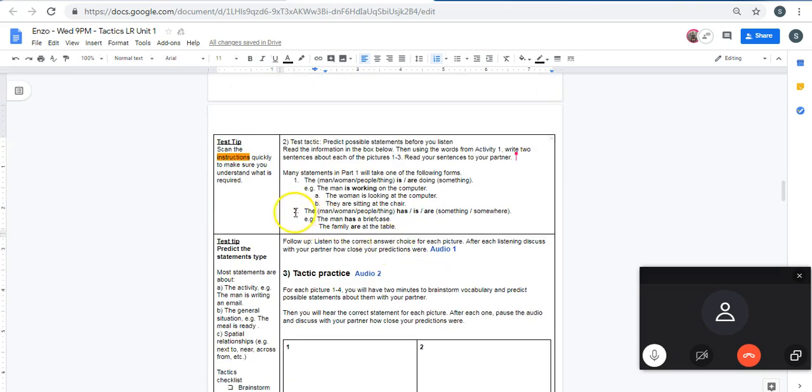Okay, next. The man has a briefcase. The family are at the table. Okay.